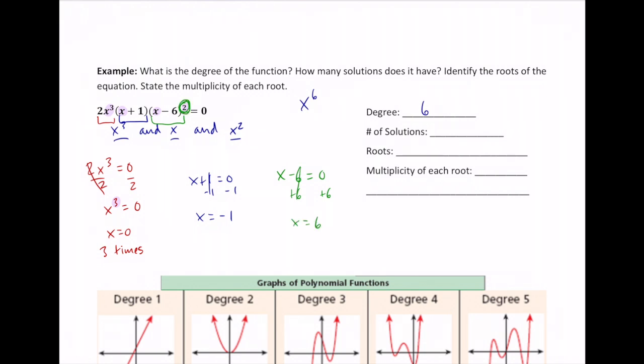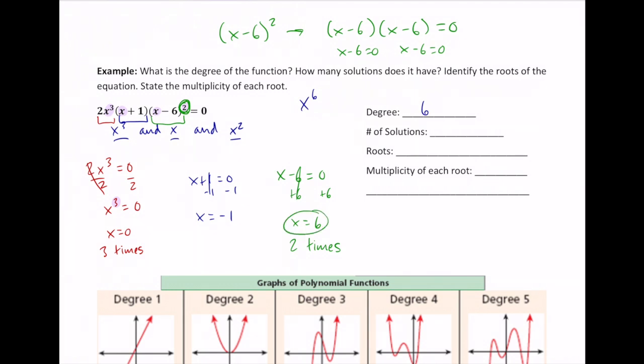Based on the exponent outside of the parentheses, we saw this answer 2 times. Because think about it, x minus 6 squared means the same exact thing as x minus 6 times x minus 6. So I could have set both of those equal to 0 and gotten this same answer twice.